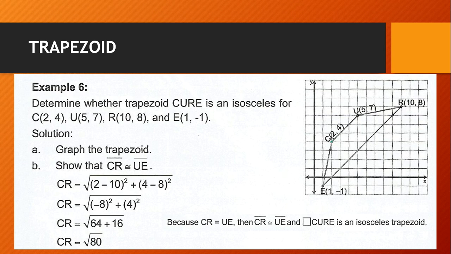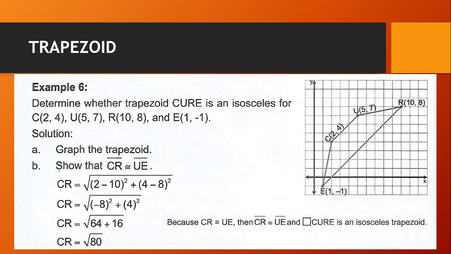Here is C, here is U, here is R, and here is E. So, no need to discuss how to plot the points. I already discussed it in the previous videos that relate to this one. Okay, so first is graph the trapezoid.